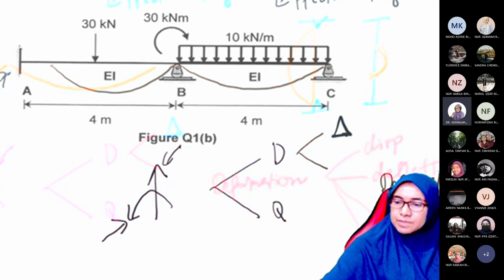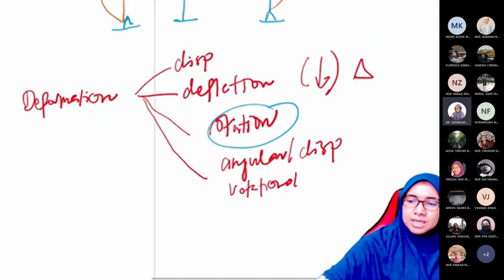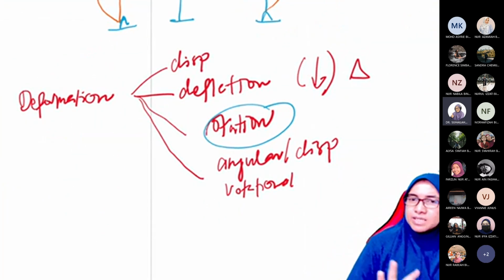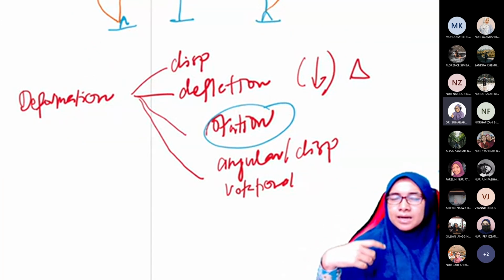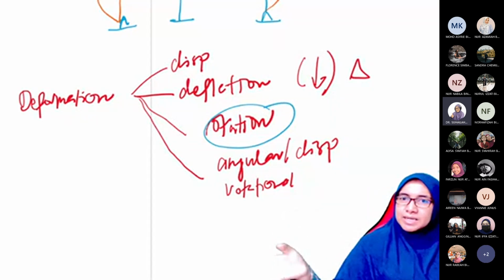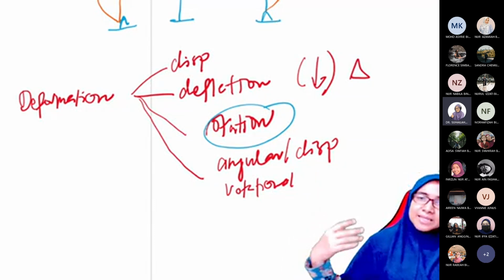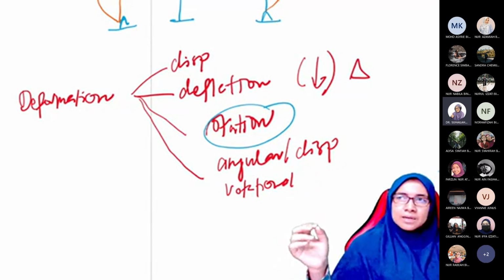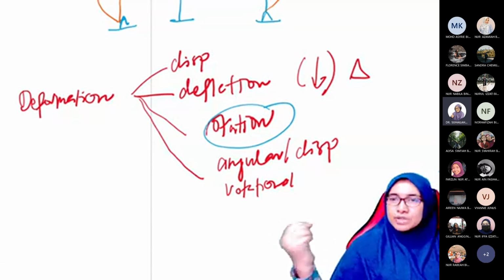Displacement. Okay, displacement comes from the word deformation. Okay, deformation ni dia ada banyak bentuk lah. Kalau simple word in Malay we call it as ubah bentuk, deformation. And deformation ni bila kita look at it in X, Y and Z direction, we have all these three comes from forces.